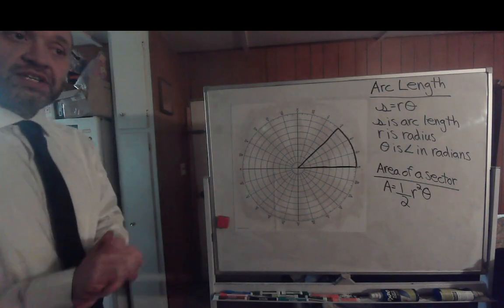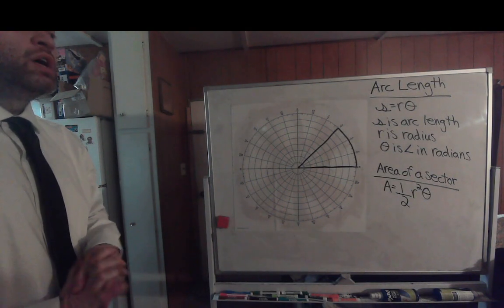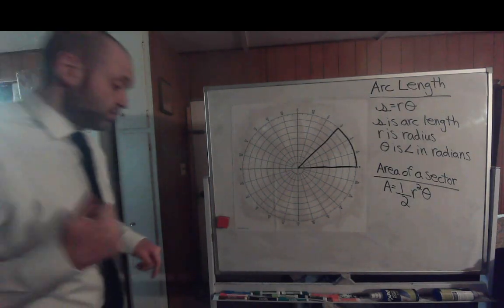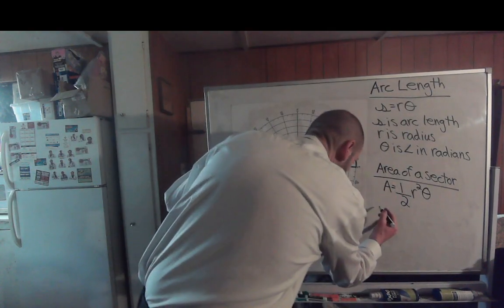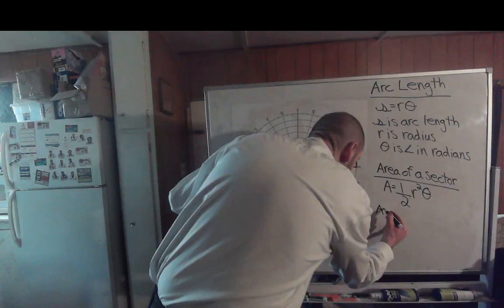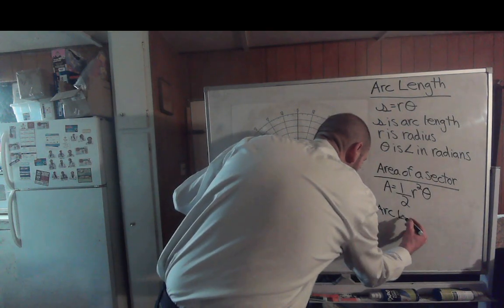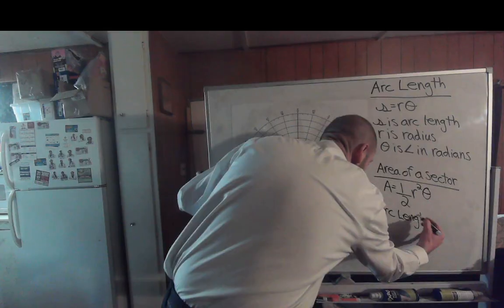Now in the previous course in geometry, once again we only dealt in degrees. So the old formula for arc length in geometry was based on degrees.